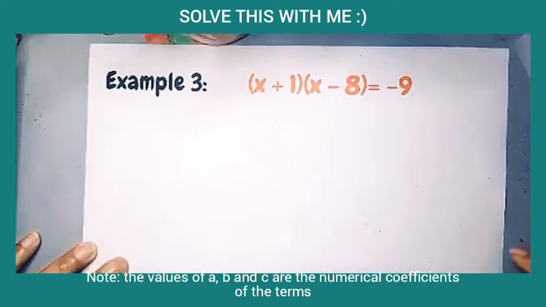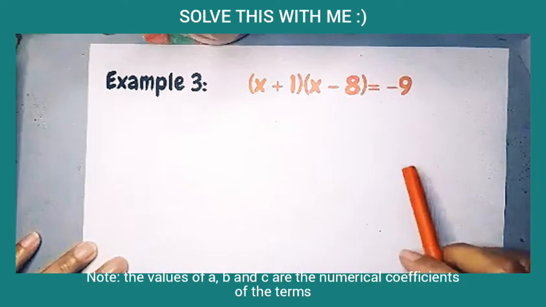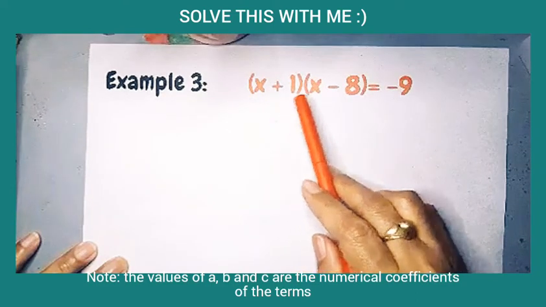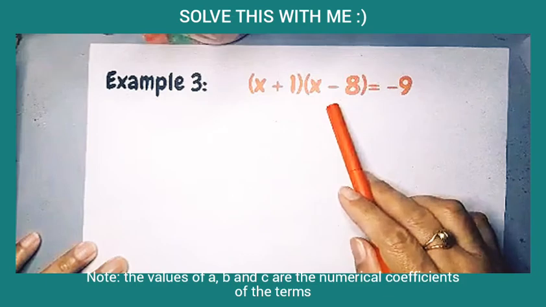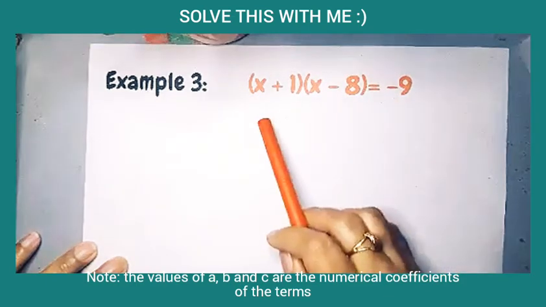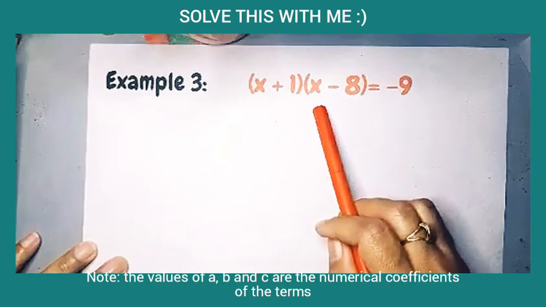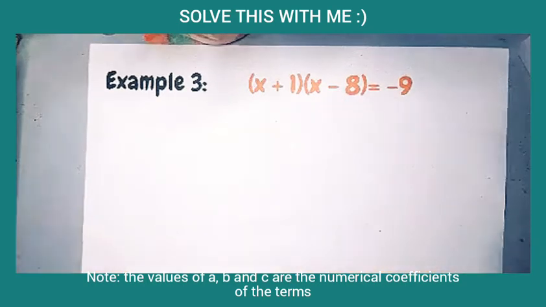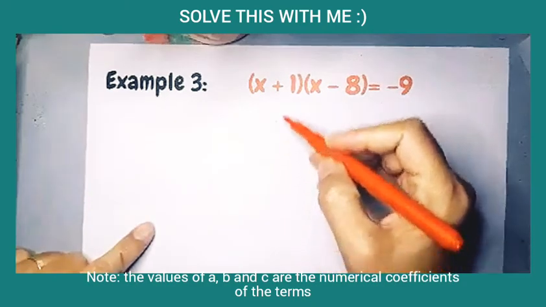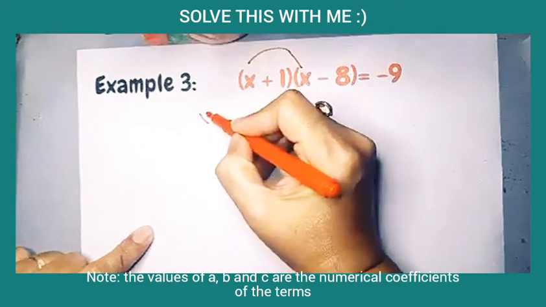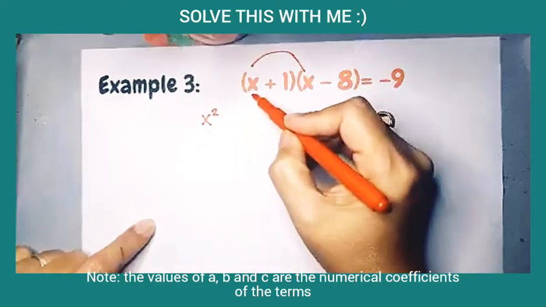Now let us answer this example number 3. We have here the quantity of x plus 1 times the quantity of x minus 8 equals negative 9. Now we can solve this by applying the distributive property using the FOIL method. So we'll start with x times x is equal to x squared.